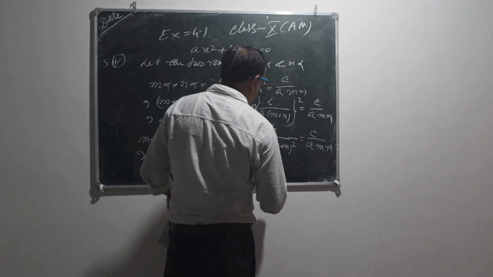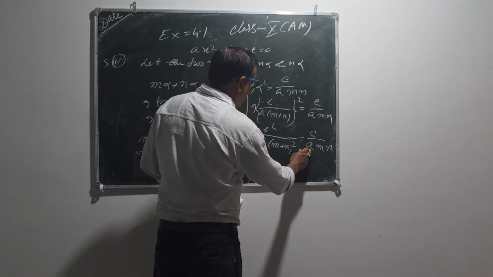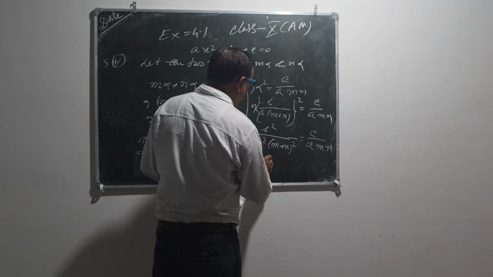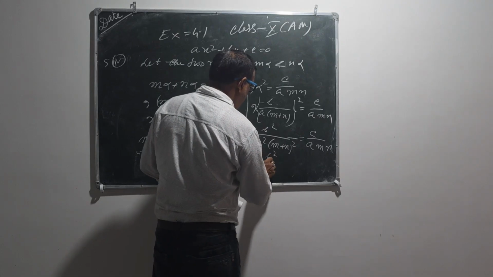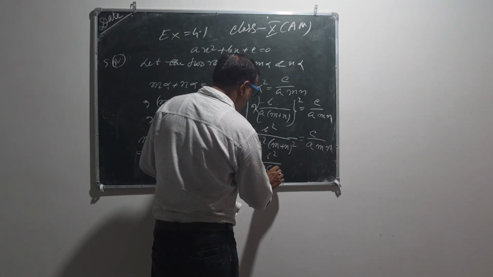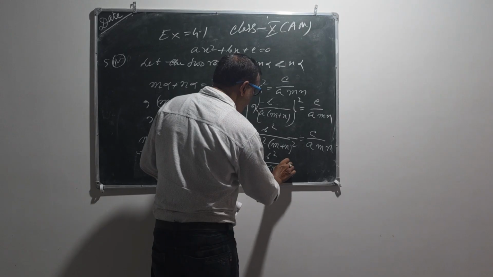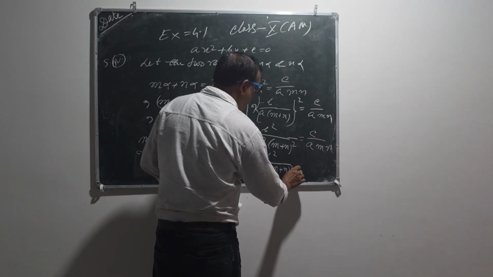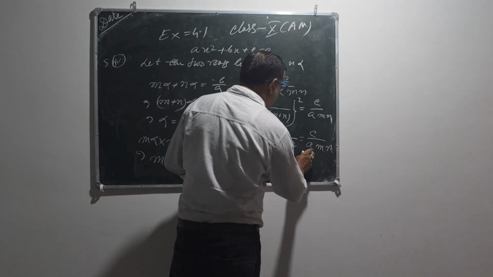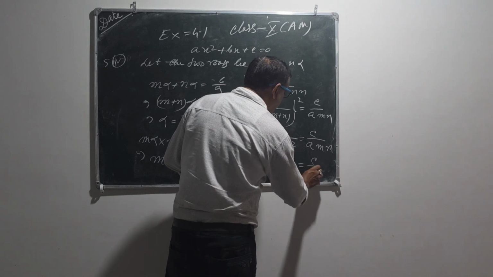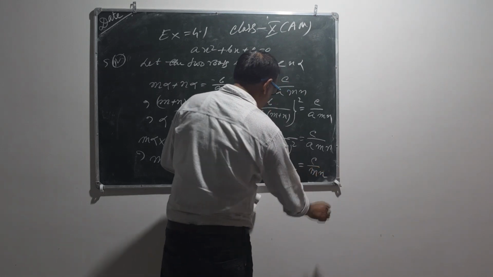Then finally, one a can be cut from both sides, so b square divided by a will cancel. So b square into m plus n whole square equals c by mn.